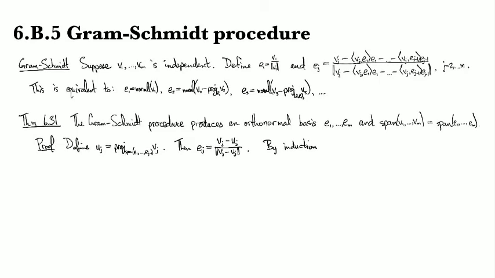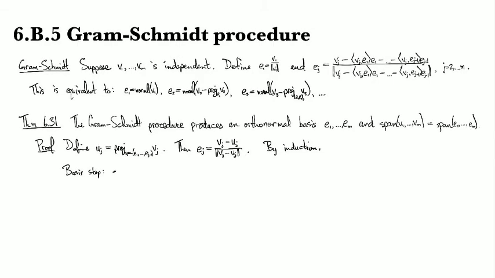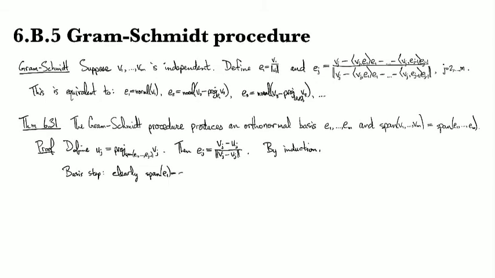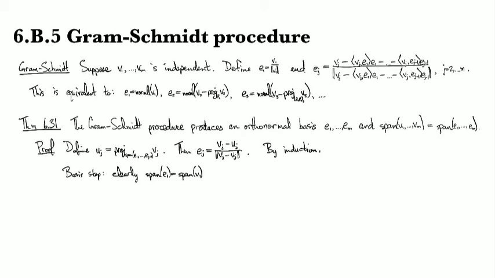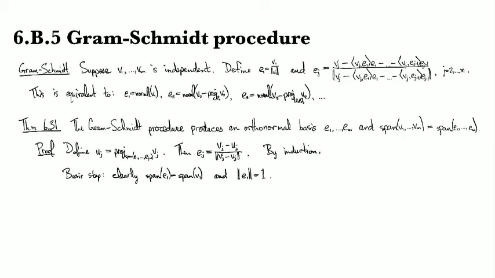So for the basis step, note that clearly we have the span of E1 is equal to the span of V1, because one is a scalar multiple of the other. And we definitely also have the case that the magnitude of E1 is equal to 1 because it's normalized by definition.